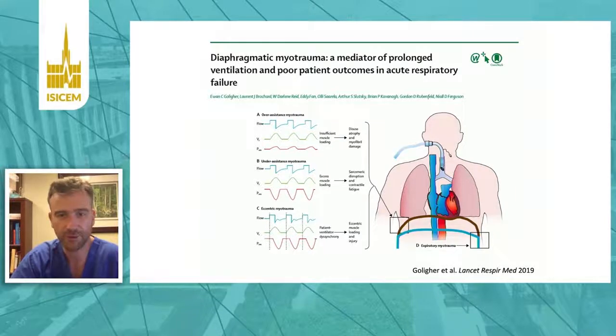Alternatively, under-assistance myotrauma, where because of inadequate unloading of the respiratory muscles, the muscle is subject to load-induced injury. Eccentric injury, where the muscle is forced to contract eccentrically, as it's lengthening. And also possible expiratory myotrauma, where maintaining the muscle at a shortened length for a period of time results in acute sarcomere dropout. It's possible that by attending to these mechanisms, we might modify the risk of diaphragm atrophy and injury and thereby improve outcome.